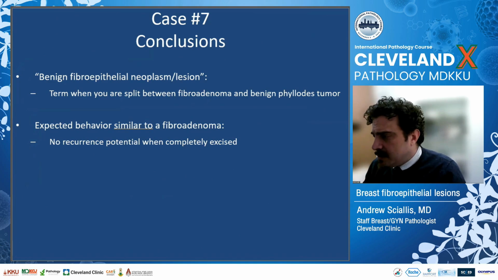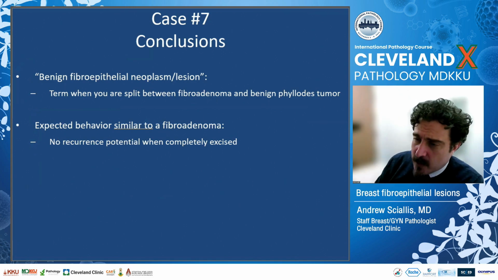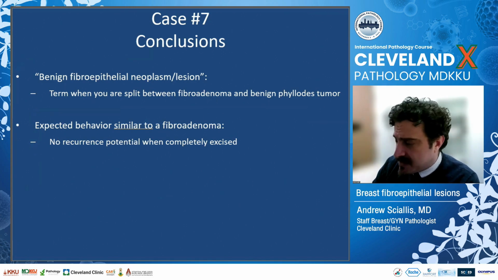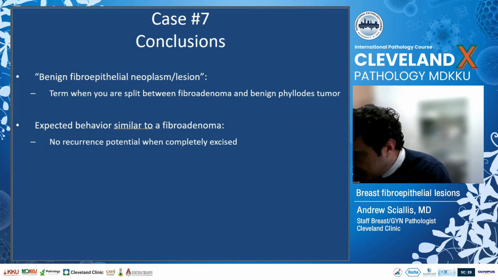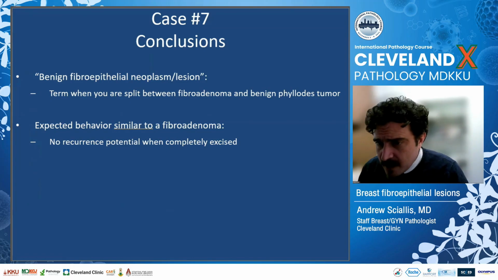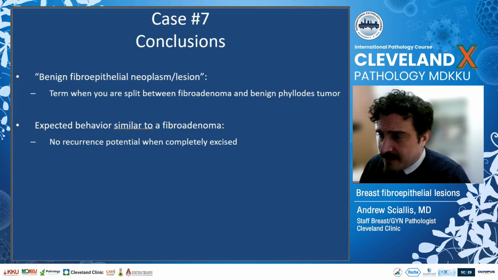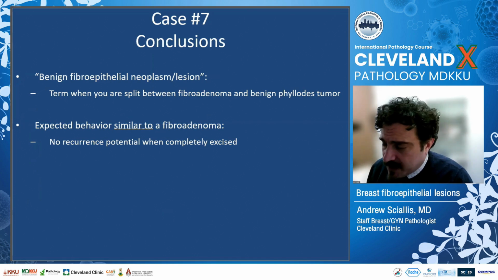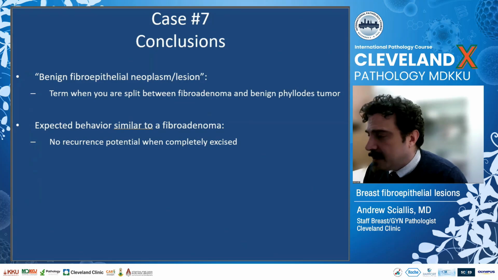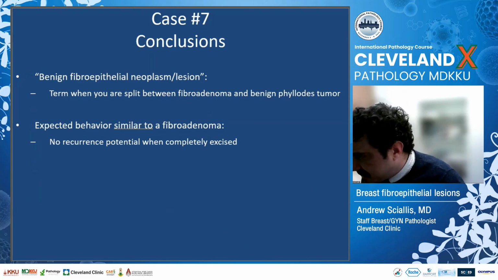It's just that there's going to be both intra- and inter-observer variability when it comes to whether we want to classify this as a fibroadenoma or benign phylloides tumor. So we split the difference again and just say benign fibroepithelial neoplasm, see comment, and the comment says there are features overlapping fibroadenoma and benign phylloides tumor. The expected behavior of a neoplasm like this is similar to a fibroadenoma so long as it is completely excised.